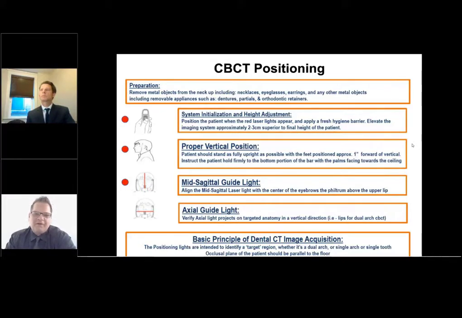So mid-sagittal light through the center of the head there, through the eyes and the filter, and then our axial guide light to either move as necessary depending on your machine, or just visualize that flat plane if you have our G2 device, and then angle accordingly if the occlusion is not at a flat plane, making sure the patient's as still as possible. Tongue doesn't matter with the 3D, the position of the tongue, just stability is the most important, and go ahead and hit your trigger button.